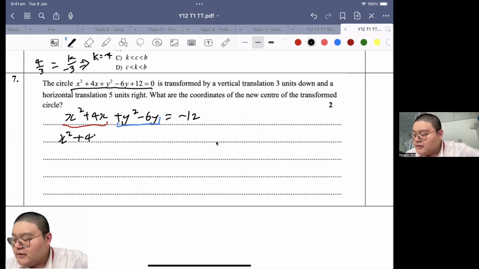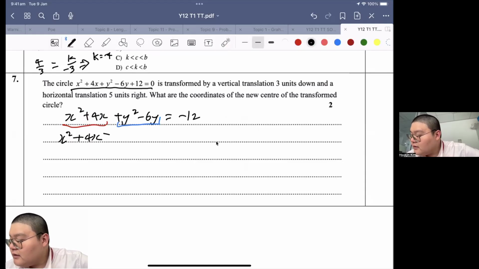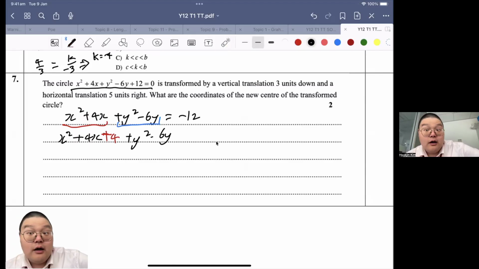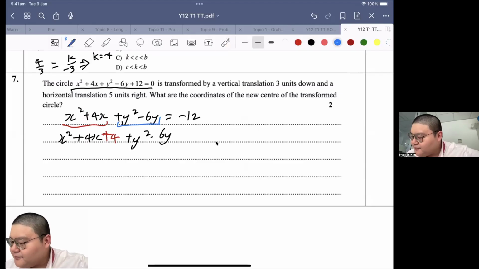I'm going to get the middle coefficient, divide it by 2 and square it. So I do plus 4. Same thing for the next one, y squared minus 6y. Divide negative 6 by 2 and then square it, it's plus 9. And then on this side, you need to do plus 4 and plus 9 as well.